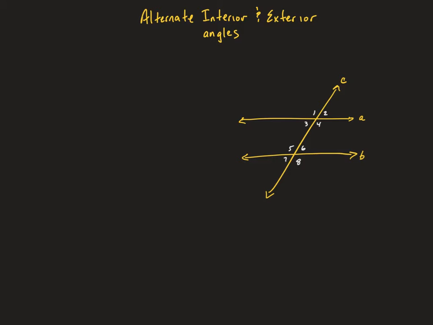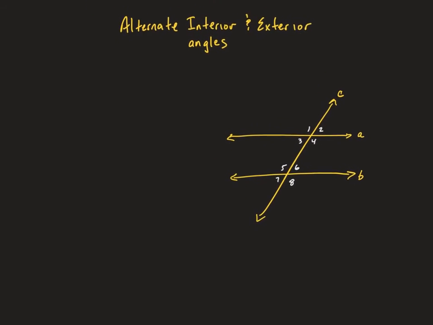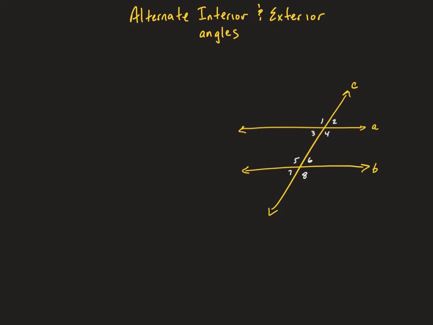Now, if we talk about alternate interior and alternate exterior angles, let's put some of the stuff back in place that we were looking at in our previous slide. A and B are parallel lines, and C is our transversal.